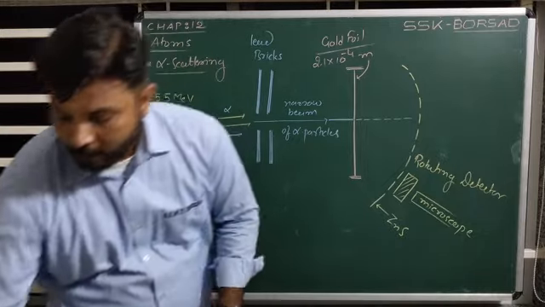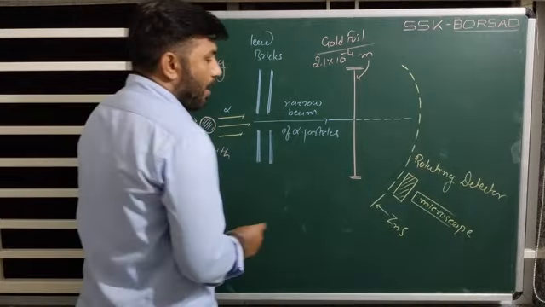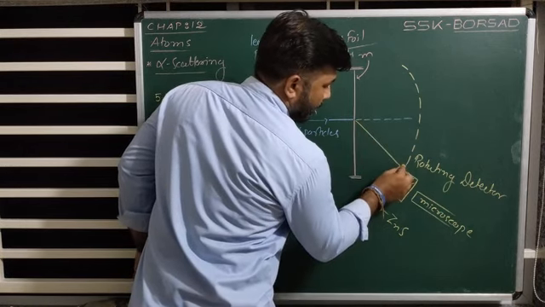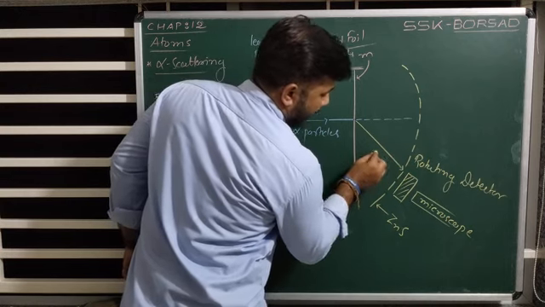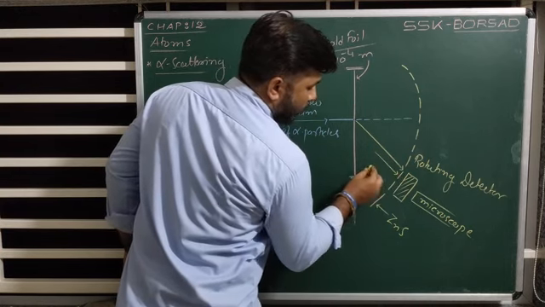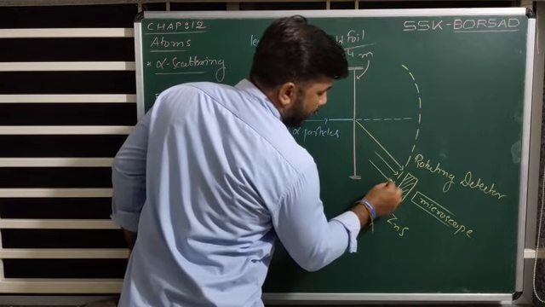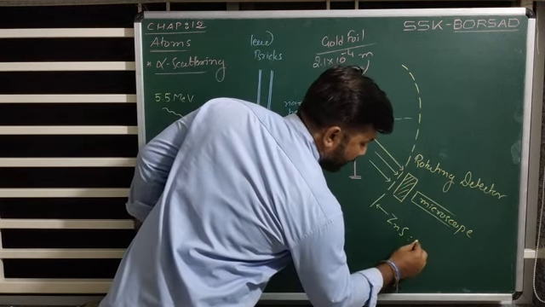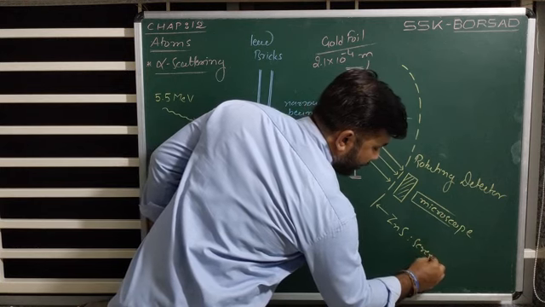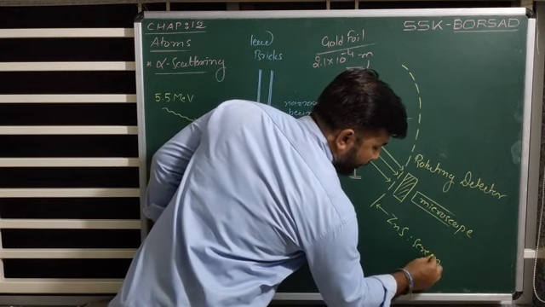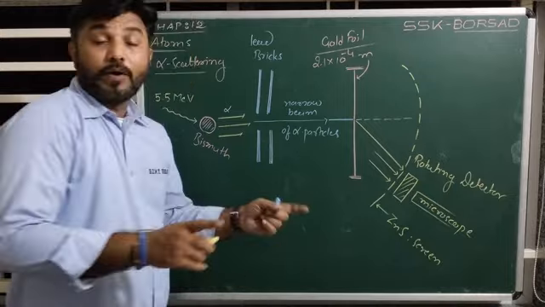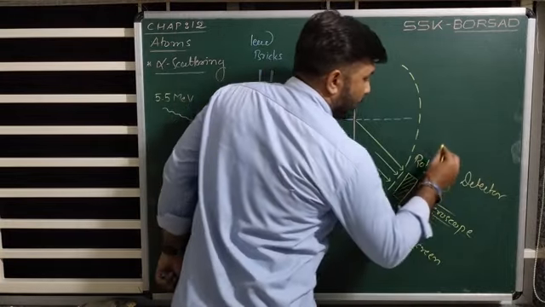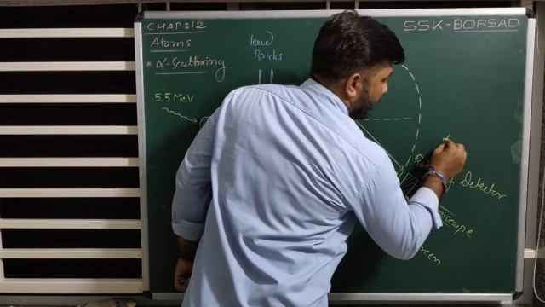What does this mean? When an alpha particle gets scattered and collides with that zinc sulfide screen, it shows some flashes of light.